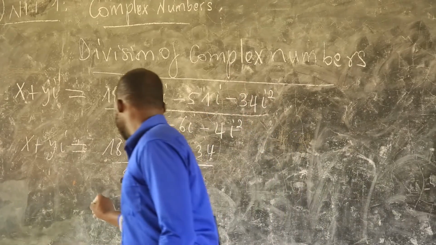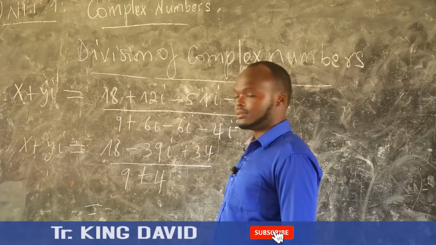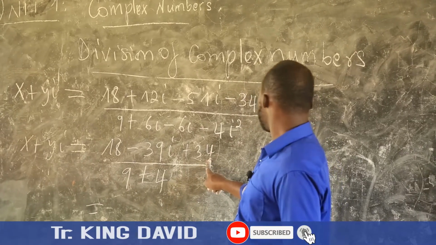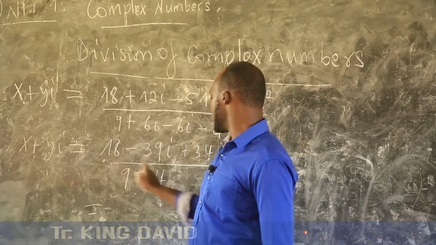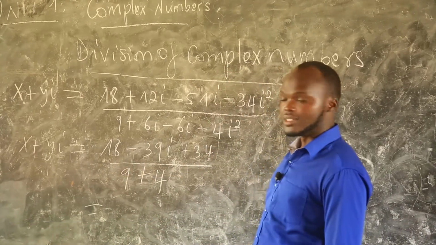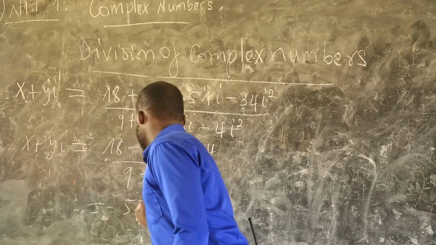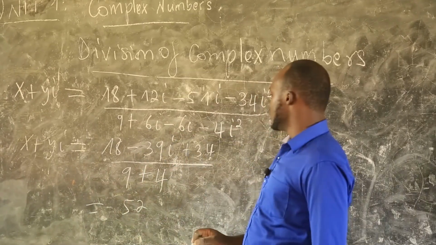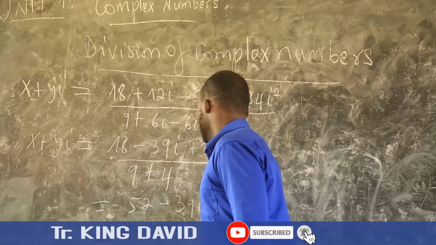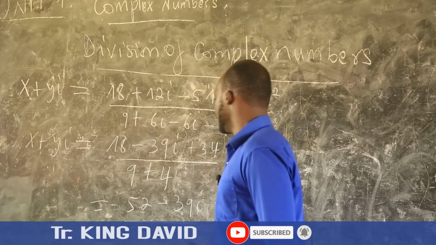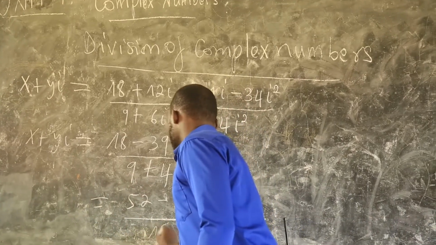So here we have 18 plus 34. So what is the answer? 18 plus 34 is 52, minus 39i, divided by 9 plus 4, which is 13.